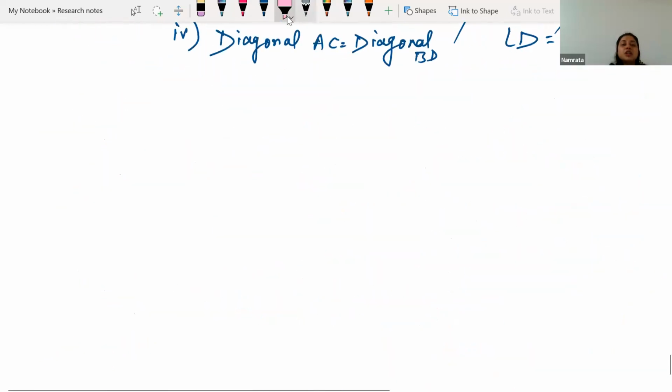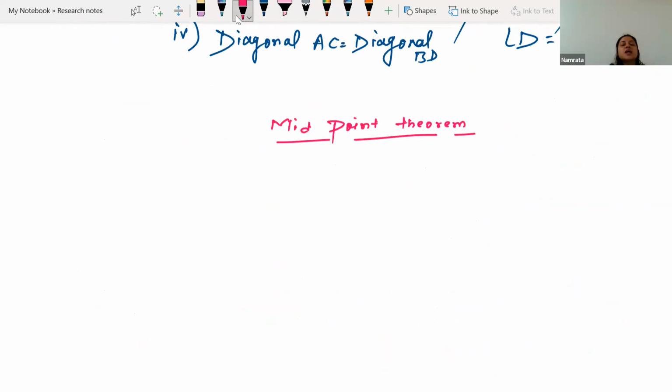Now let's move to the next part, that is the midpoint theorem. Let's try to understand at first what the theorem says. Let me write the theorem so that you will be able to connect what the statement says and what I am explaining over here.